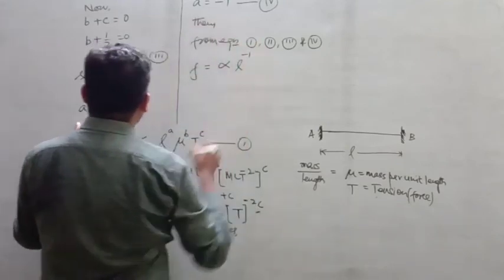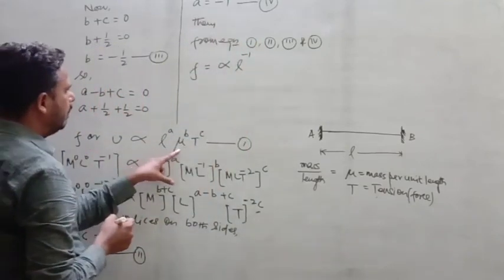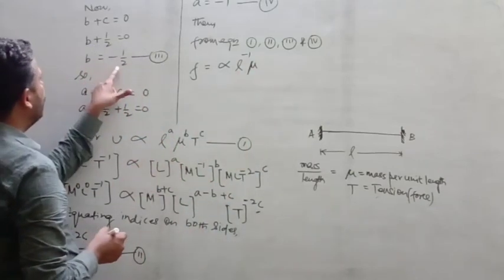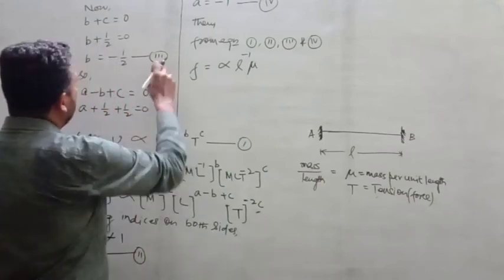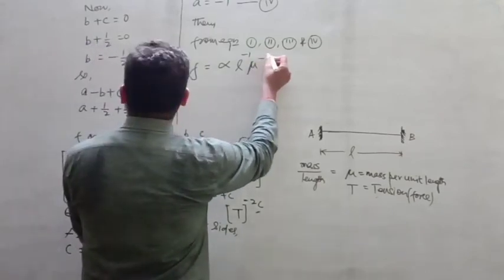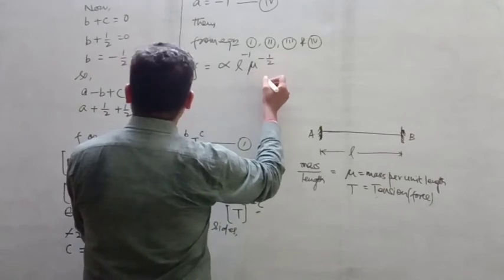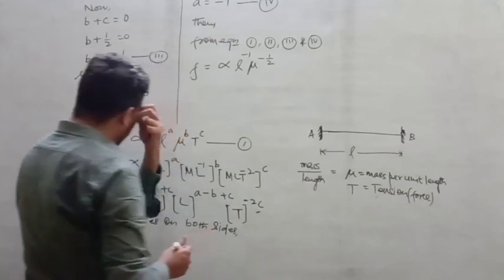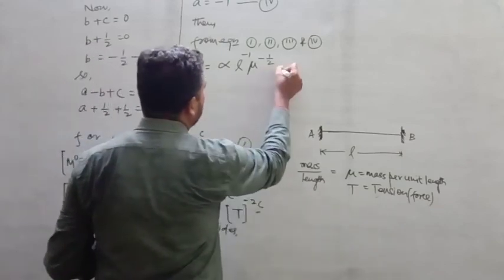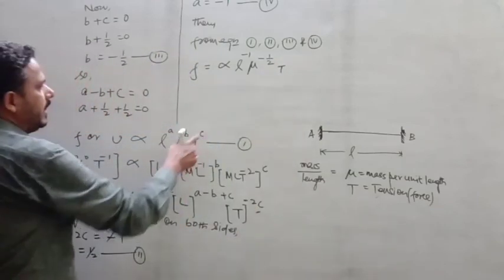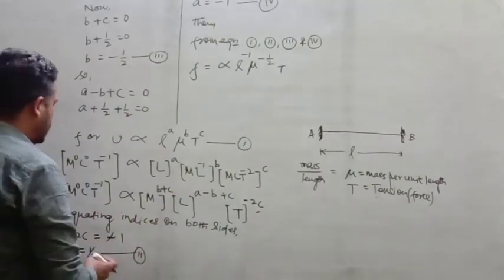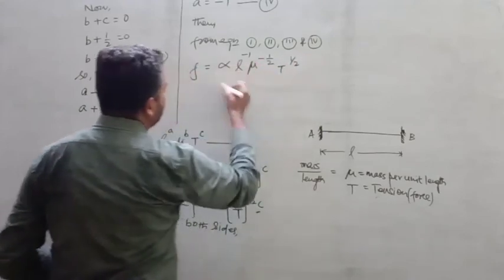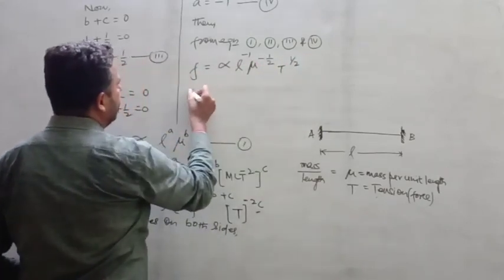Second one is mu to the power b, where b is minus half from equation 3. So minus half will be there. And now the last factor is T, where T is tension force. T to the power c, and you see from this equation, half. So put there half.